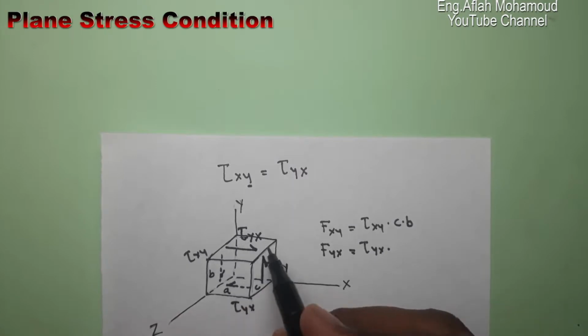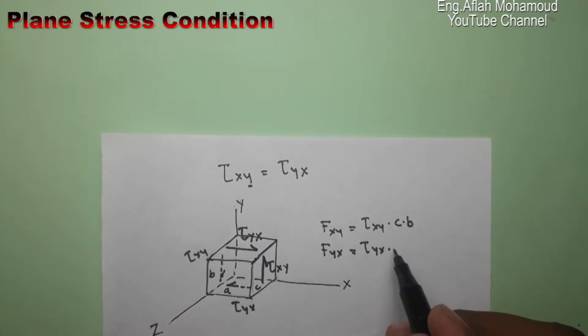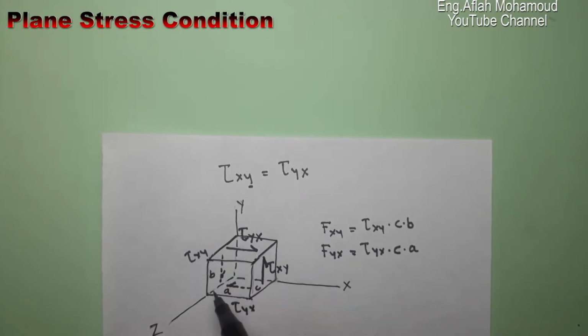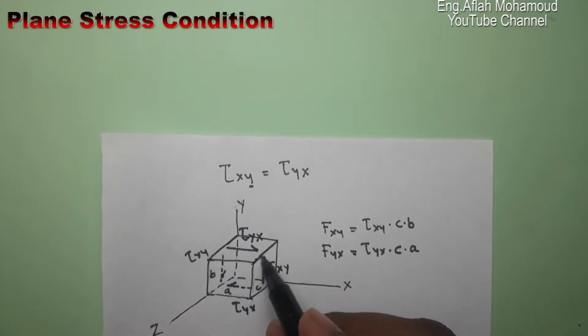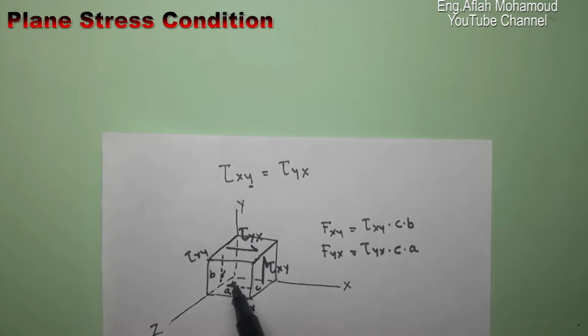The distance from here up to here is C, and from here up to here is A, so the area is C times A. In the same way, the shear here is tau xy times this area, which equals the area of the first face, so it is similar to this one. And the force on the bottom surface will be similar to the top one.